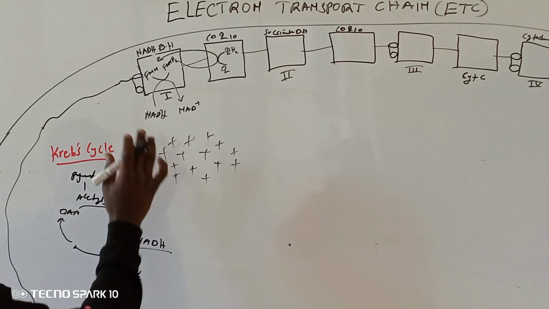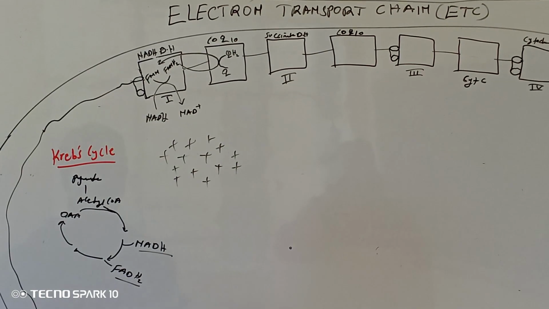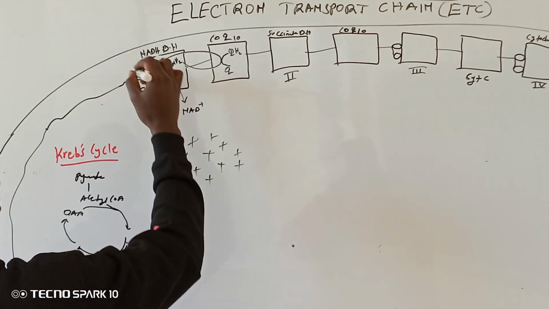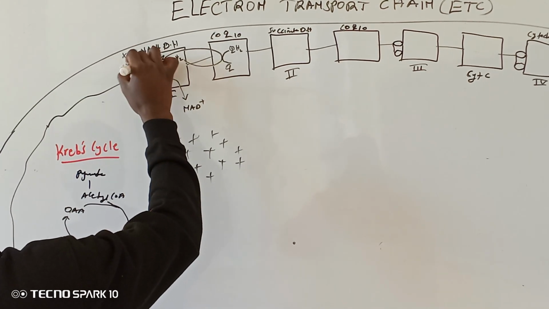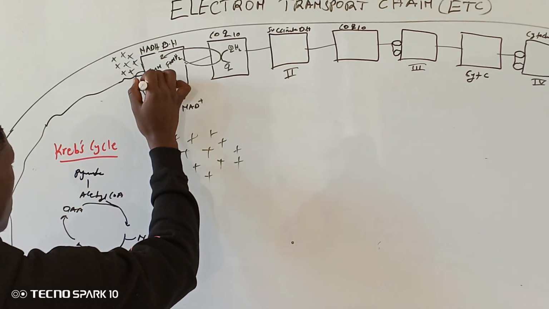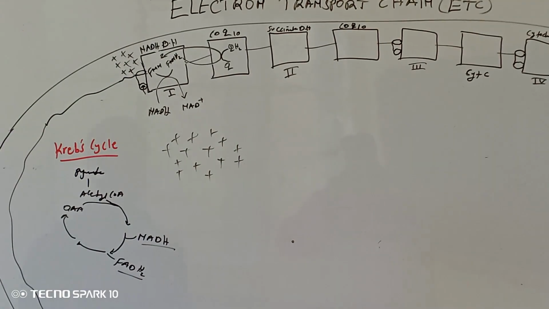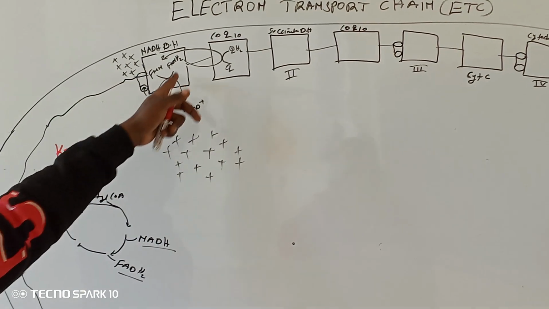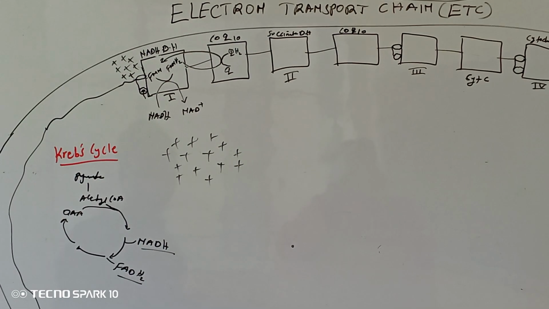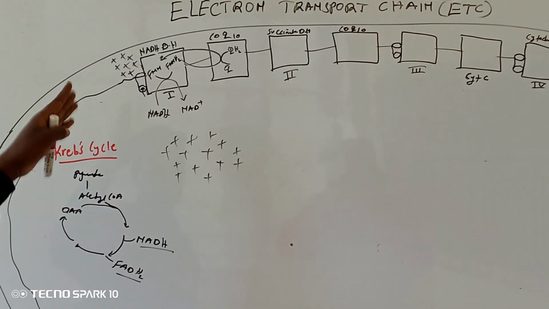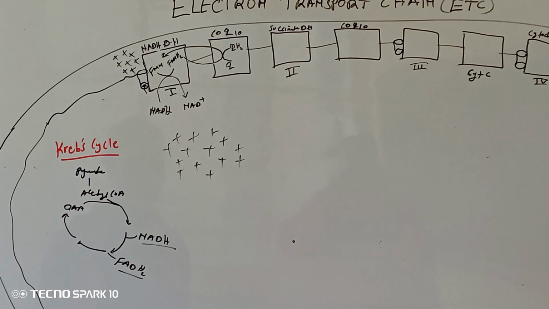These protons are going to be pumped out of the matrix into the intermembrane space of the mitochondrion via this complex. They are passed out whenever the electrons are passed from complex 1 to coenzyme Q. It creates some energy that forces the protons into the intermembrane space.